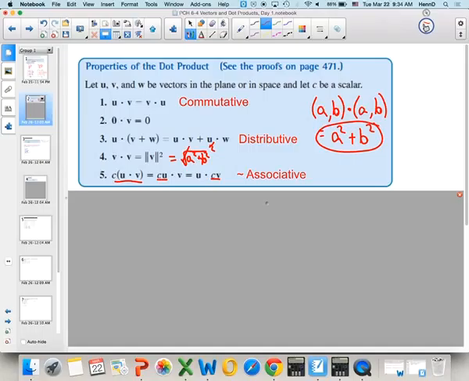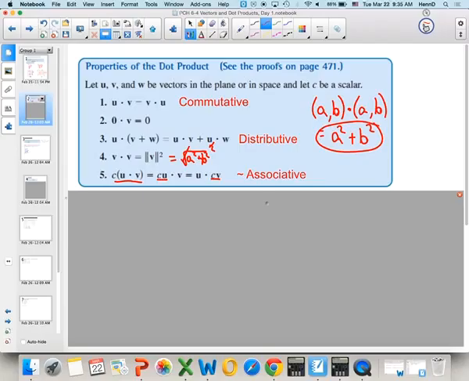I put the little similar to sign here. This is similar to the associative property. It's not exactly the same, but you can think of it almost like an associative property. We can put the c with either one of the two vectors, or we can do the dot product first and then multiply by the constant. So those are some properties of the dot product.